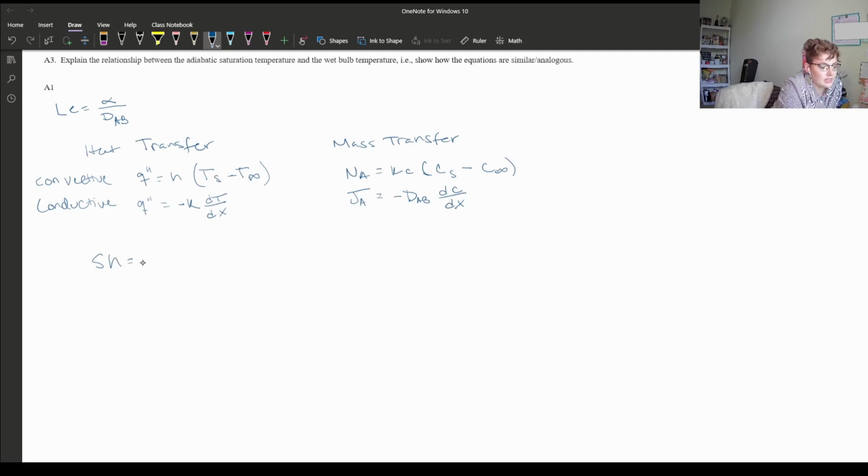The Sherwood number is equal to the mass transfer coefficient times the distance or diameter over the diffusivity constant, and then we also have the Nusselt number, which is equal to the heat transfer coefficient times the distance over the conductivity.